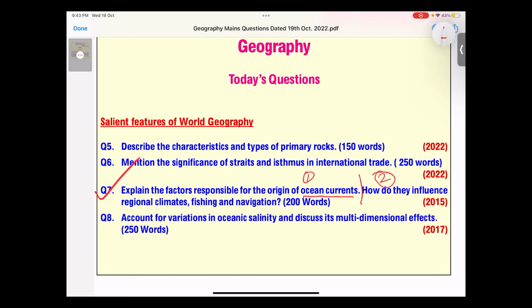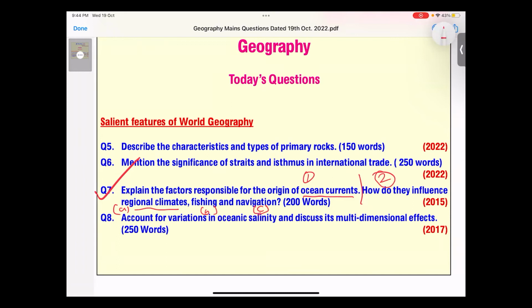Even in the second part, you have how do they influence regional climates, part A, fishing, part B, navigation, part C. So potentially this has almost 5 dimensions. Are you able to understand what I'm trying to say, everyone? Yes, sir. Within the second part, you further have 3 more dimensions. So unless you answer all these parts of the question, you cannot expect full marks.